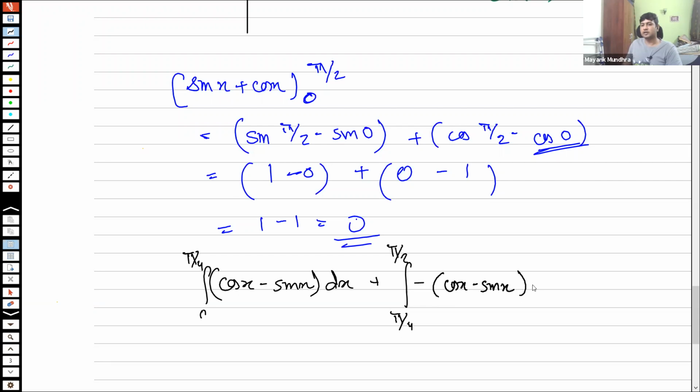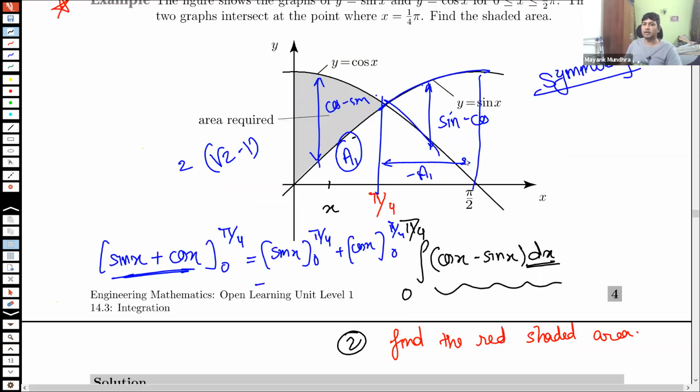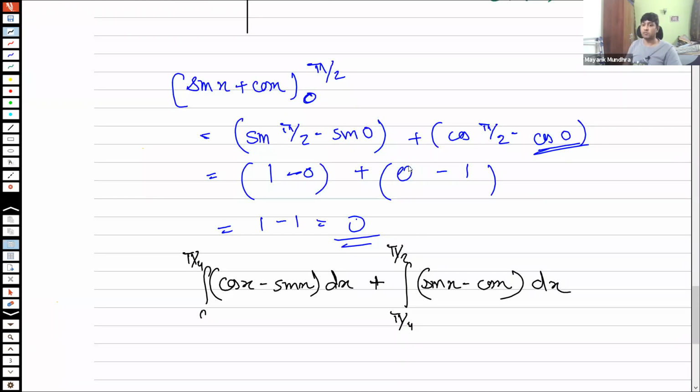I'm adding a negative sign here because I'm removing the negative which comes from the height being negative. Or otherwise, I can write sin x minus cos x, because I know that in the pi by 4 to pi by 2 regime, the sine curve is larger than the cos curve. So I can use the height as sine minus cos instead of cos minus sine.